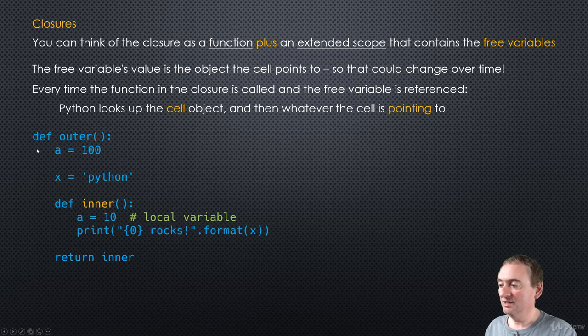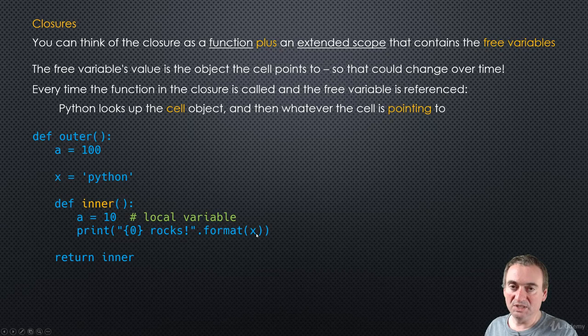So in this case here, let's say we have this function outer, has a local variable a is 100, local variable x equals Python. Then we define a function inside. It also defines a equal 10, but you'll notice there's an assignment. I didn't say nonlocal, so a is a local variable to inner. It's not the same a as the one in outer. We've seen that before. And then we print something that references x.